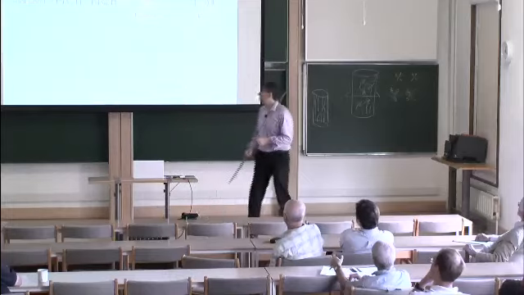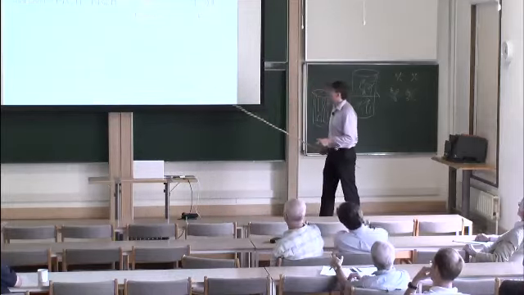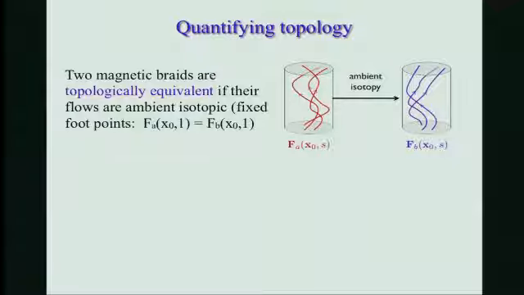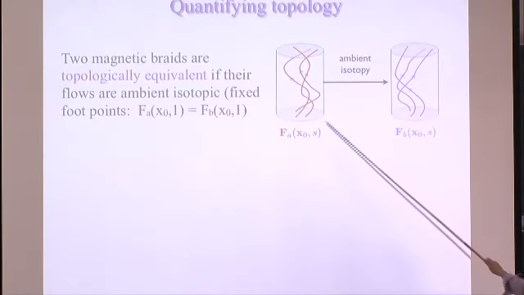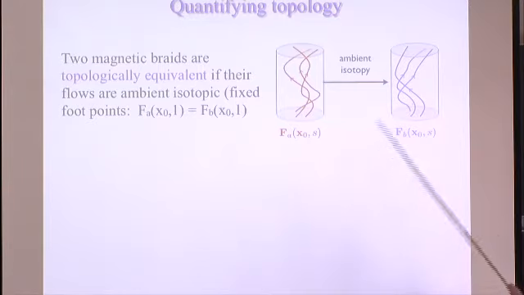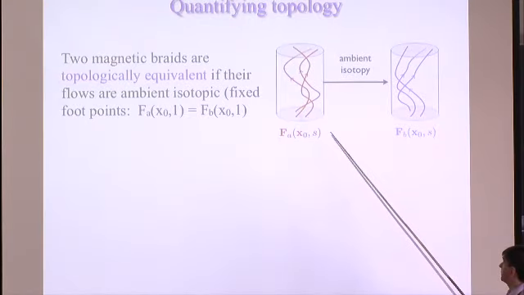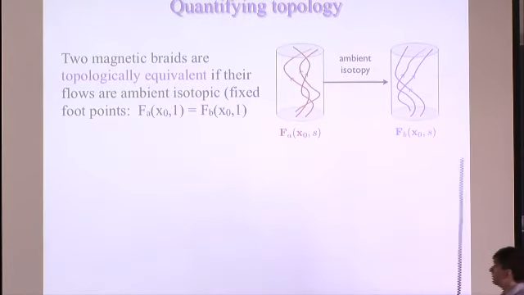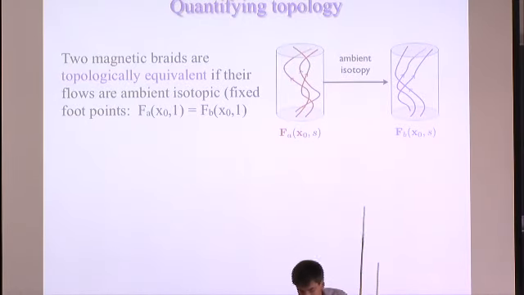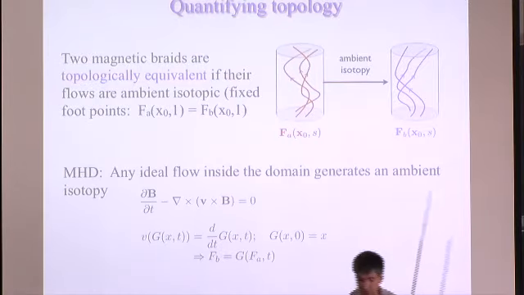Okay, so if we talk now about topologically equivalent flows, then we mean that there is some kind of ambient isotopy which maps one field to another. So these two fields would be called topologically equivalent if there's an ambient isotopy which maps Fa to Fb, keeping the points fixed.